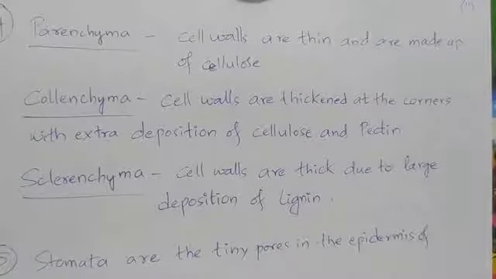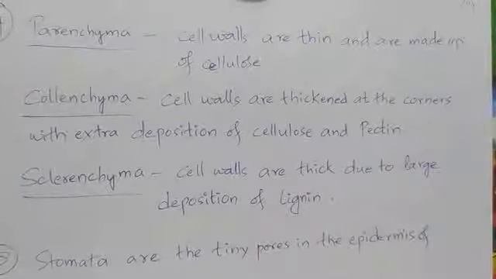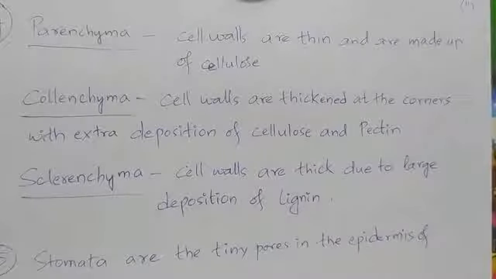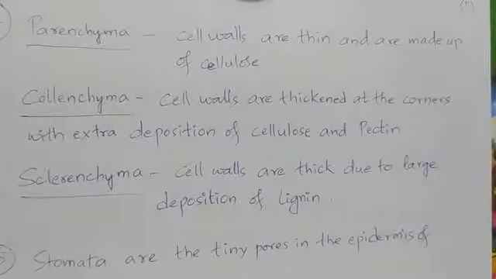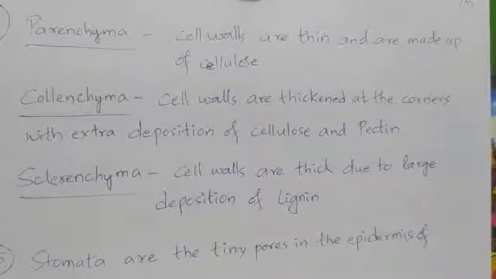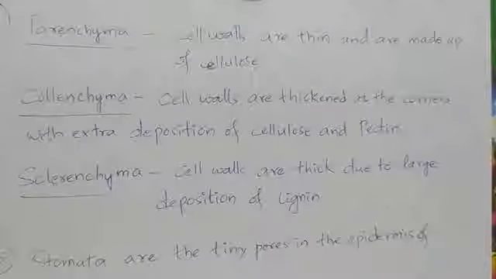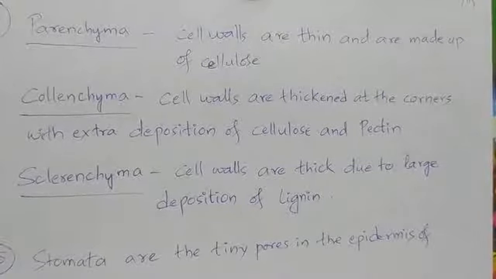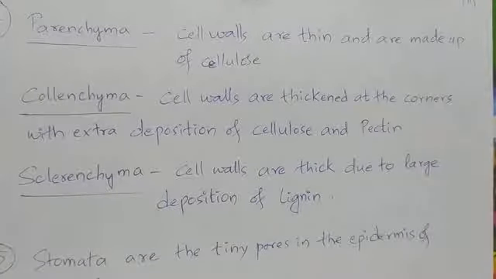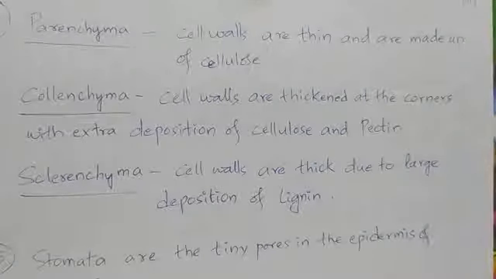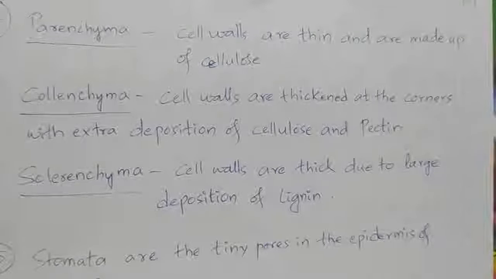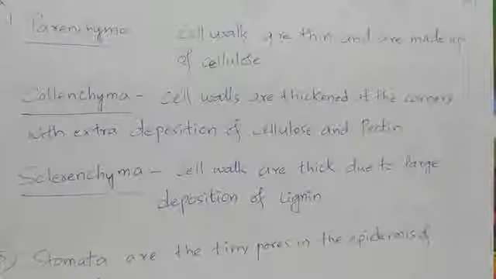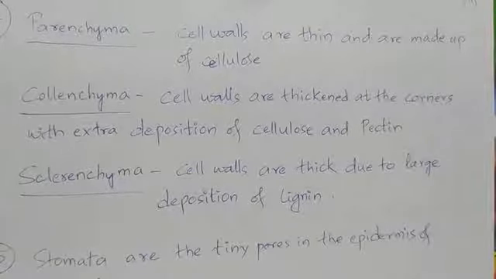And since all of them are part of plant body, cells of all these 3 types of tissues have cell walls. But are these cell walls in these different simple tissues the same? No. Then how are the cell walls of these tissues different from one to other?